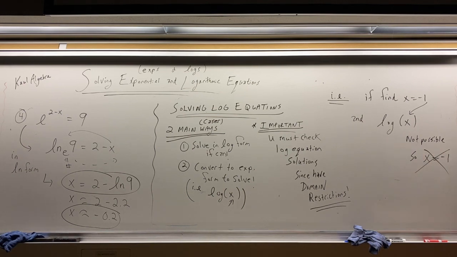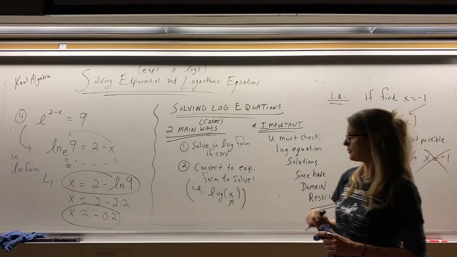So we would cross out that solution, okay? So if you find that you solve for something and when you put it back in your log equation it produces a 0 or negative, you have to toss that solution out.